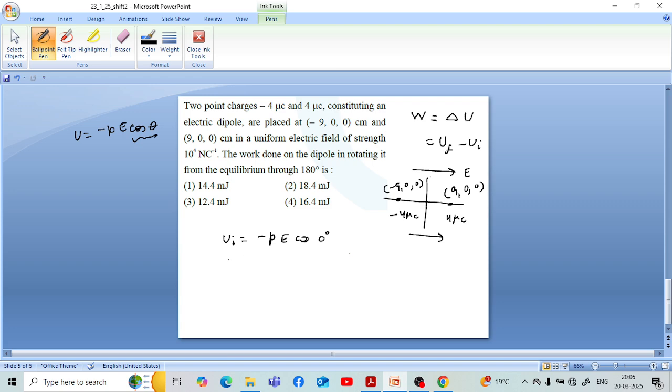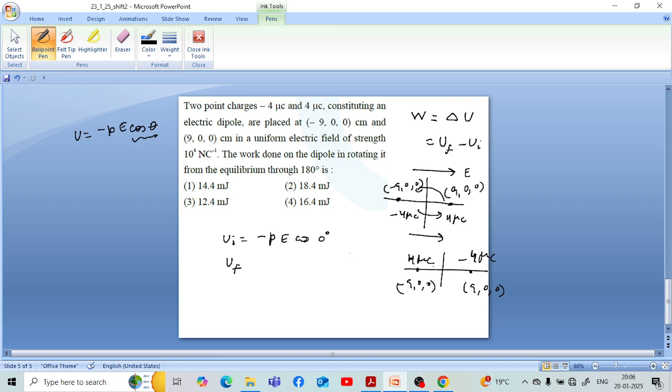Then the final potential energy, when the dipole is rotated by 180 degrees. When it rotates 180 degrees, at (-9, 0, 0) there is now the 4 microcoulomb charge, and at (9, 0, 0) it is having the charge of minus 4 microcoulombs.